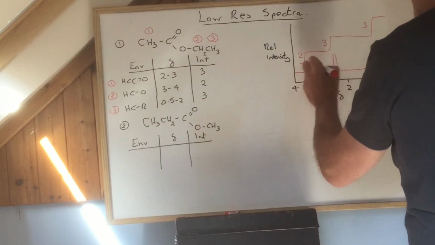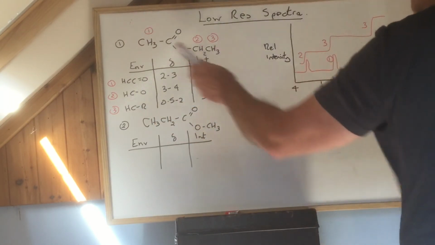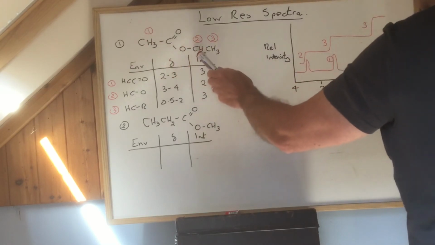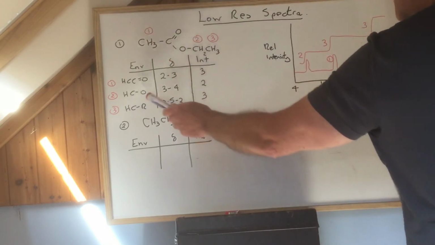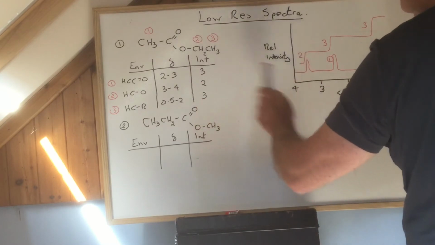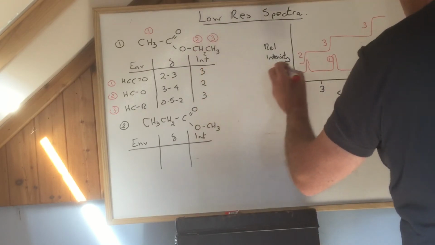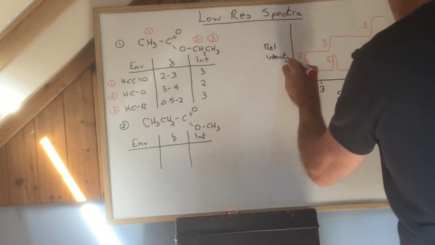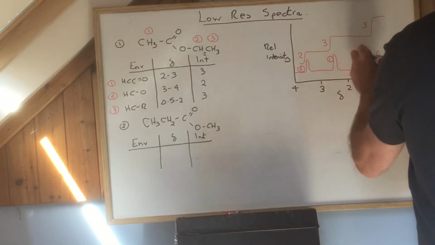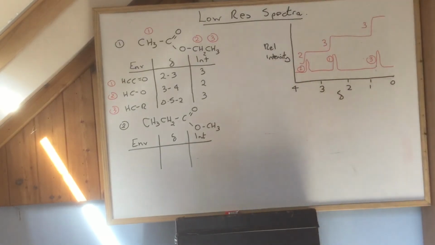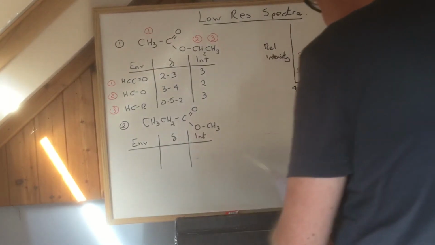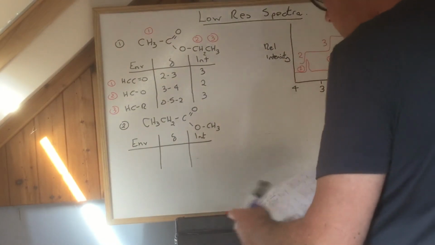I'm just identifying them. That's number 1. Number 2, 3 to 4. So that's number 2. That's number 3.